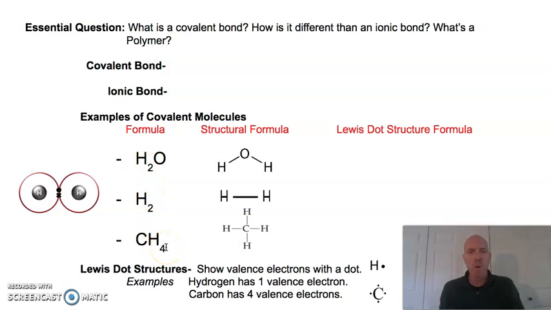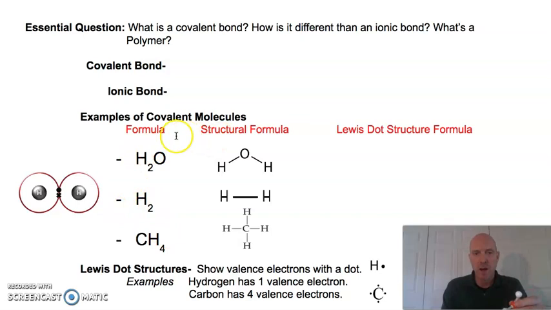Here's my water molecule. I built this using our molecule kit, which I wanted you guys to have, but oh well. We've got two H's, H2O, and each one of these plastic things connecting the atoms represents a pair of shared electrons.